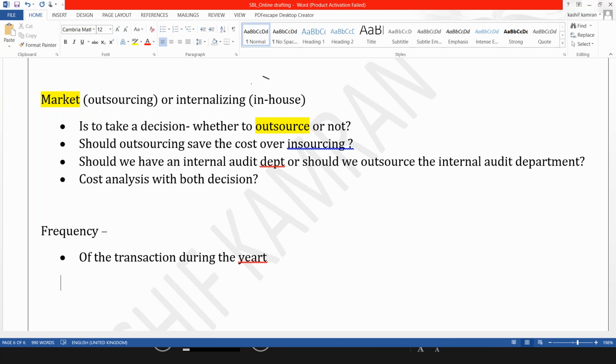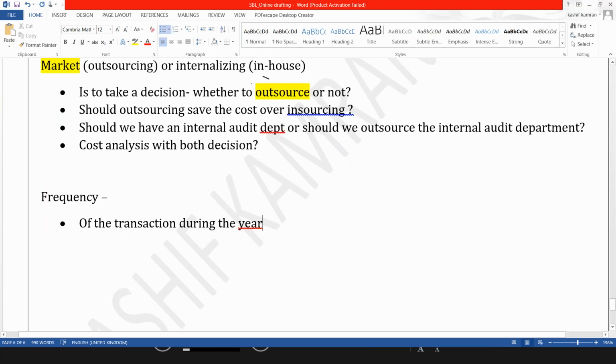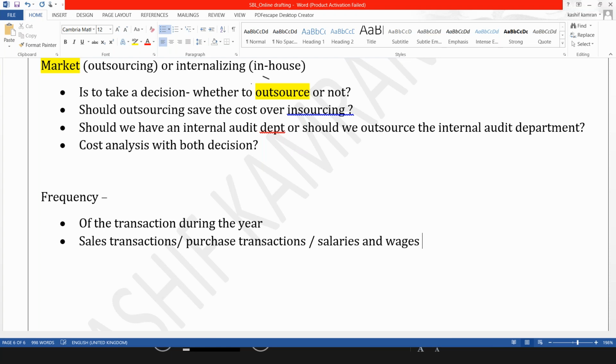Now imagine there are so many transactions which are so frequent during the year. For example, sales transactions. They happen every day. Sales transactions, purchase transactions. Are they very frequent transactions? Salaries and wages. How frequent these transactions are, right?